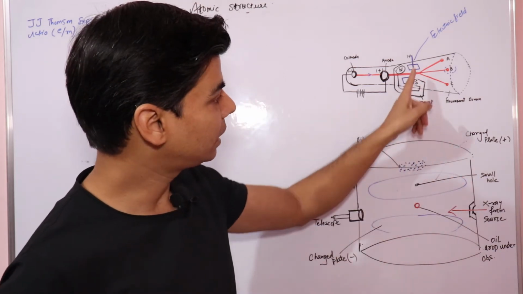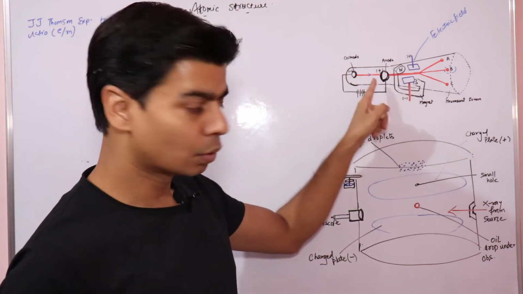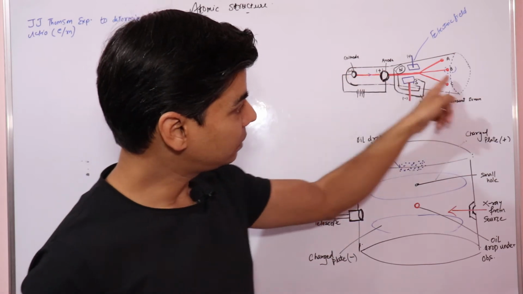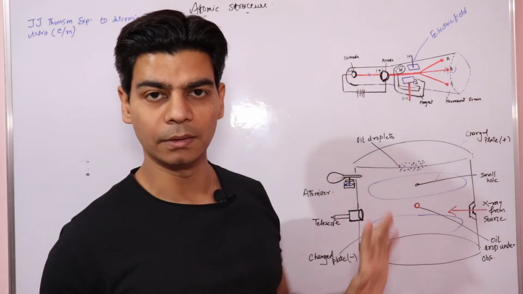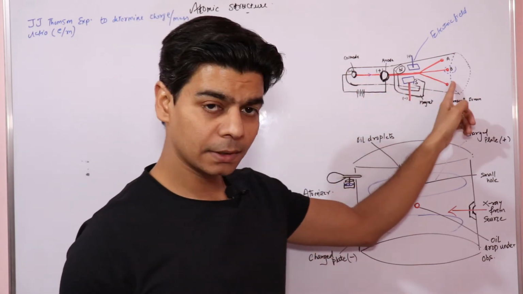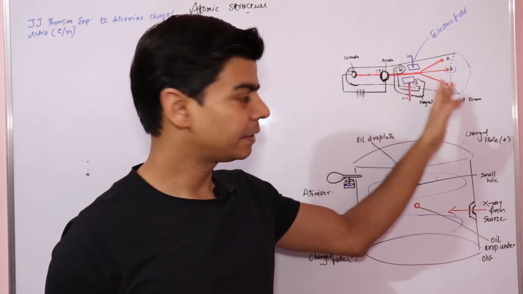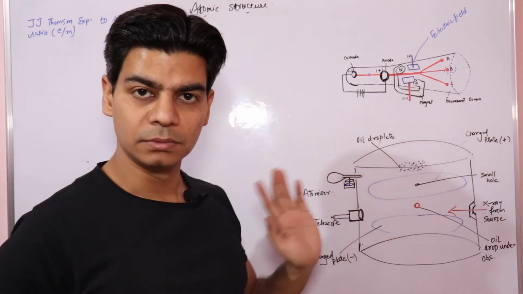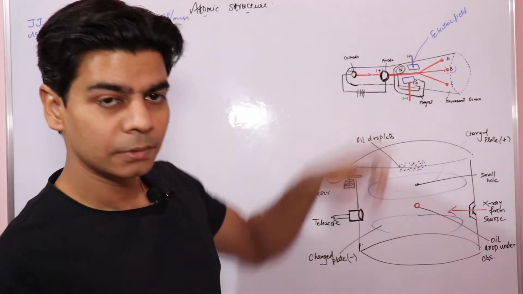In the absence of electric and magnetic fields, the cathode rays produced from here will move straight and strike the fluorescent screen at point B, right.